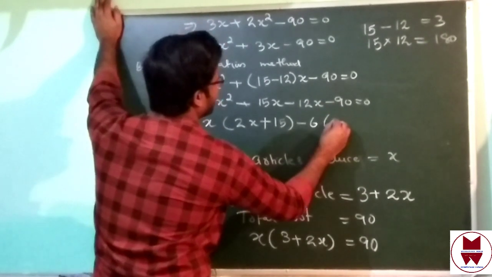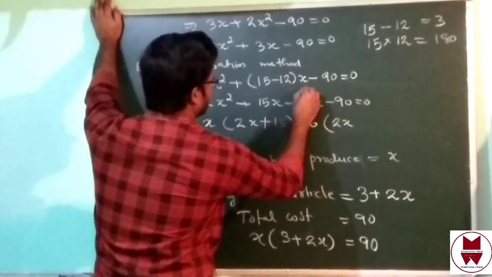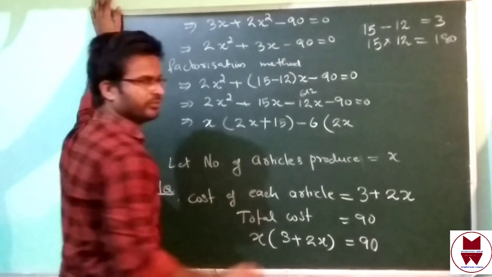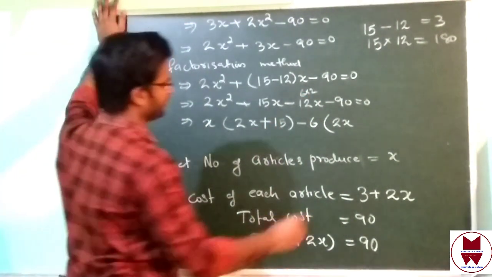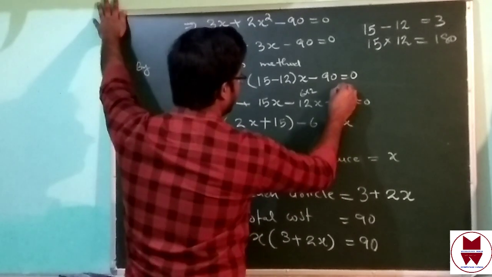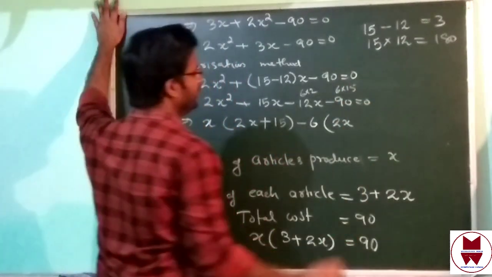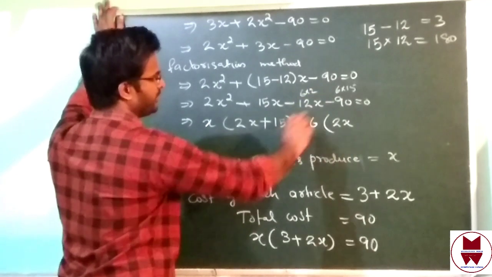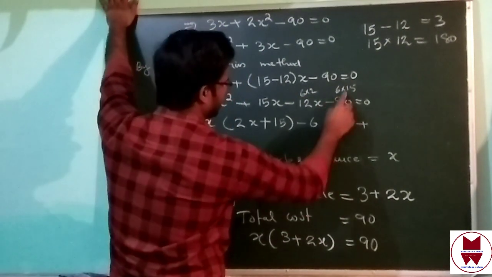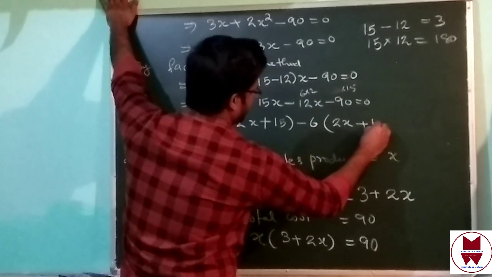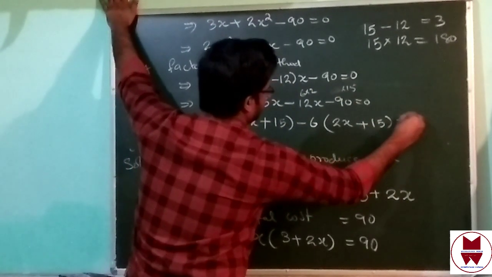Then remaining 2x, since 6 into 2x is 12x, isn't it? 6 I already took outside. Then this 90 we can write as 6 into 15, 90, isn't it? Then this minus also taken outside, plus 6 taken outside, then 15, equal to 0.